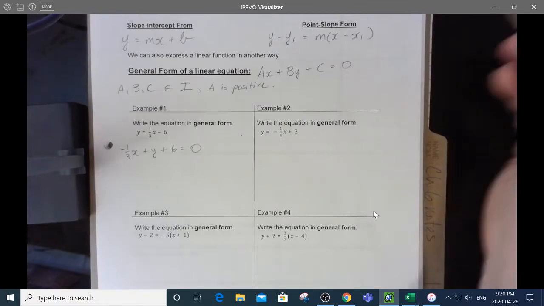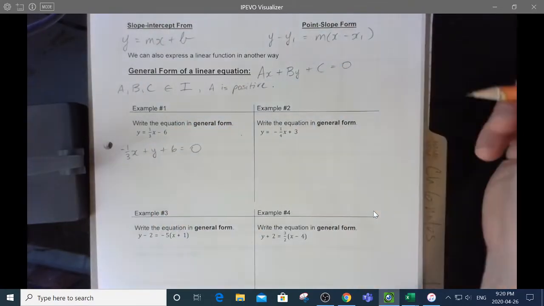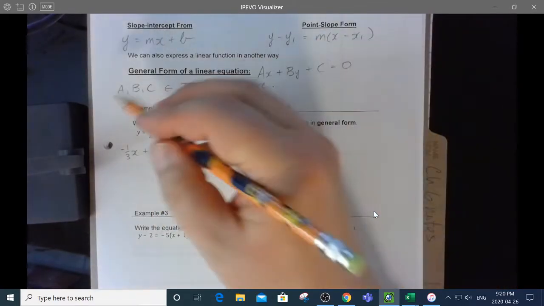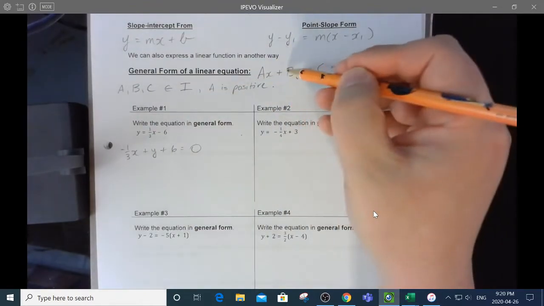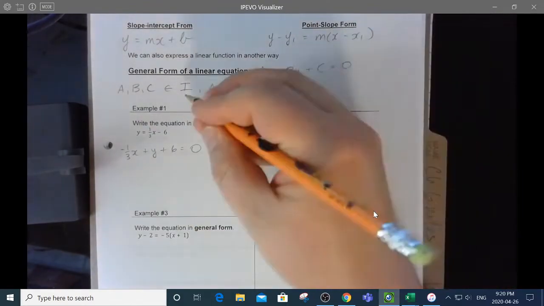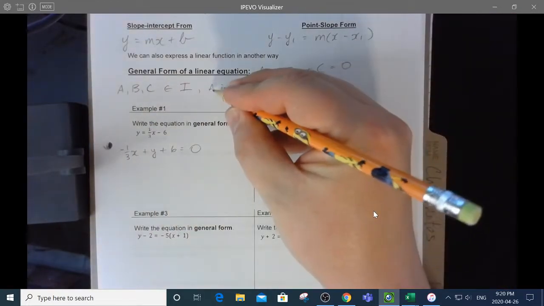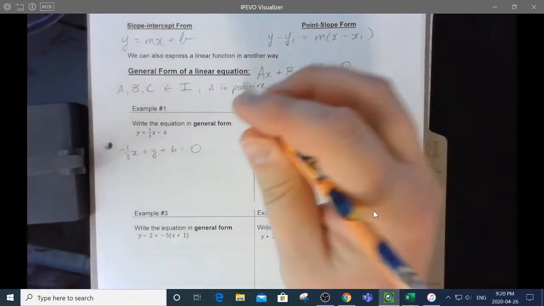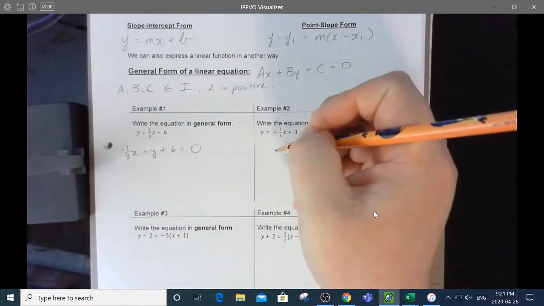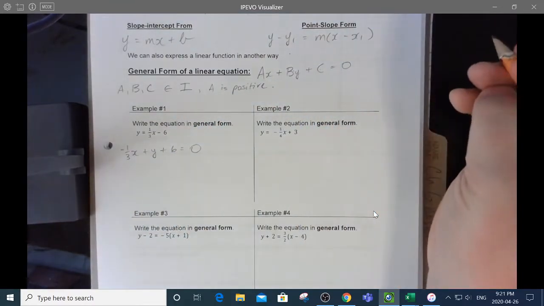All right, but this doesn't look like the rule I just set up. I said that I wanted these coefficients and this constant to be integers. Well, negative 1/3 is not an integer. Also, I want the A number to be positive. So I'm going to multiply both sides of my equation by negative 3.